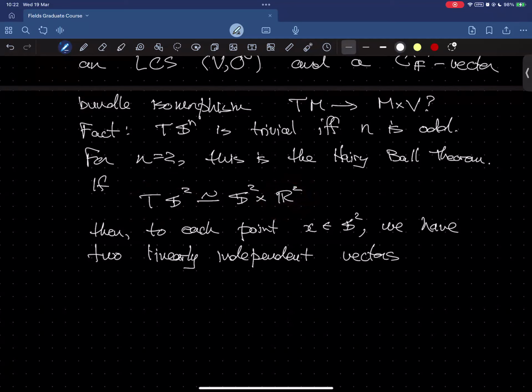Okay, so let's write these maybe as E1 of x, E2 of x, corresponding to the basis vectors in R2. So there's two linearly independent vectors, and E1 and E2 depend smoothly on x.